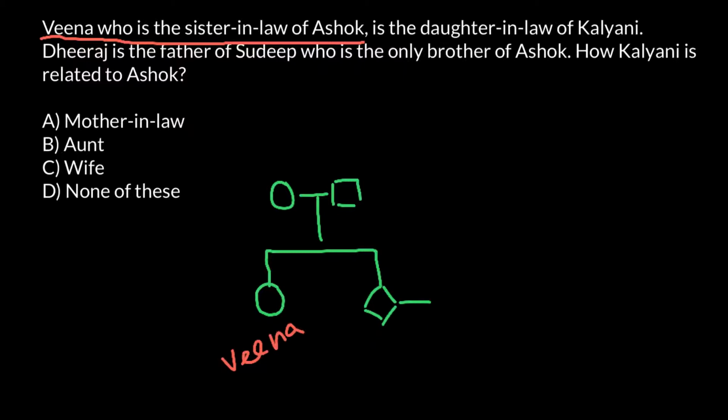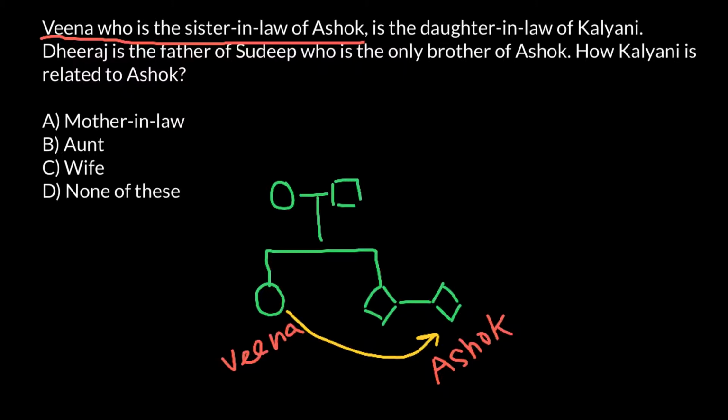It can again be male or female. So in this case, Veena would be a sister-in-law of this person, and this is going to be Ashok. So let's put the name here also.